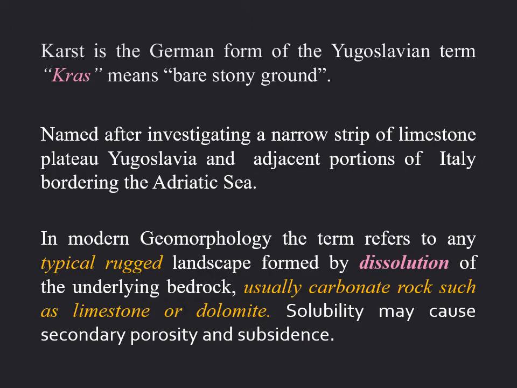Now, the term karst is the German form of the Yugoslavian term krash, which comes from investigating a narrow strip of limestone plateau in Yugoslavia and adjacent portions of Italy bordering the Adriatic Sea.